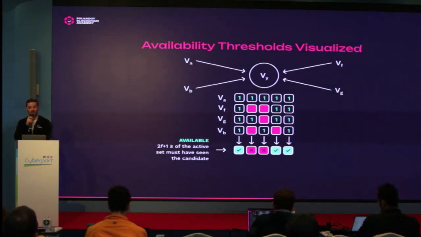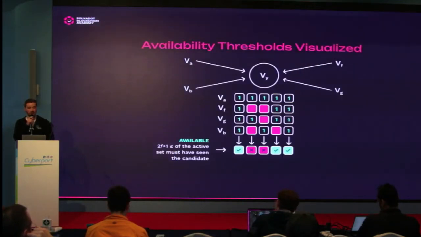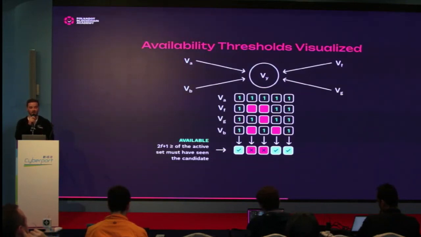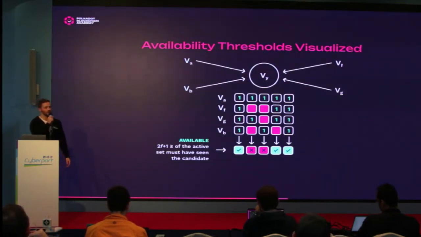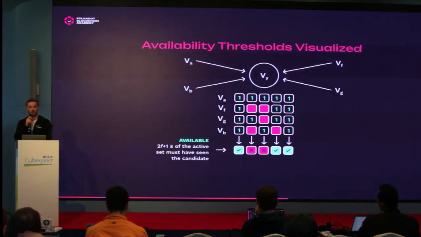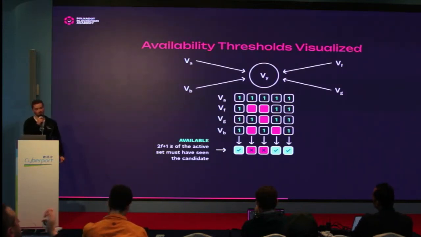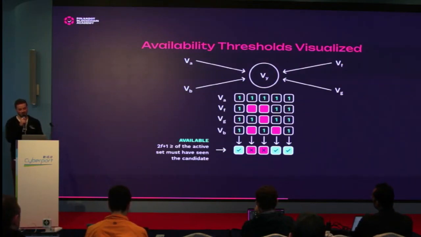So the bit vecs that we described in our prior slide, these are rows in our later diagram here, and then the columns describe, okay, how many validators actually have their chunks for a single proof of validity. And then each of those proofs of validity would be associated with a single core. So core 0 would be the first chunks there in each of the rows, or the first column rather.